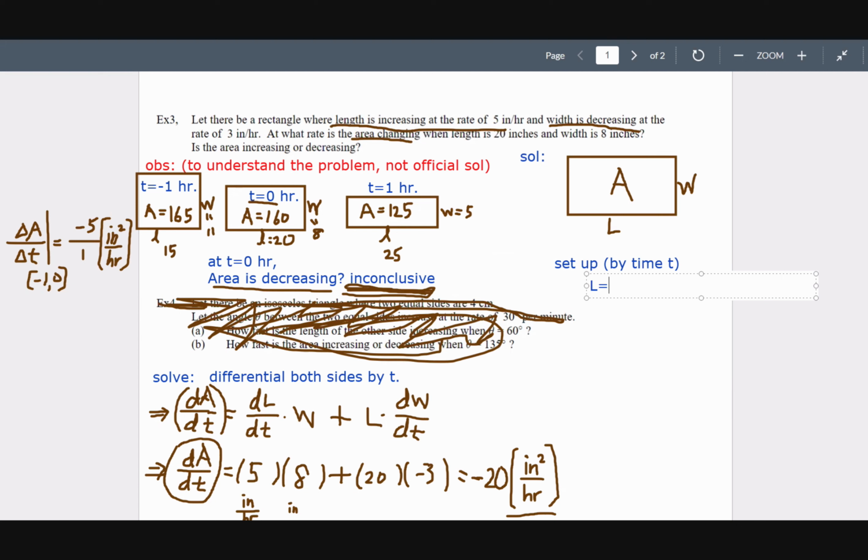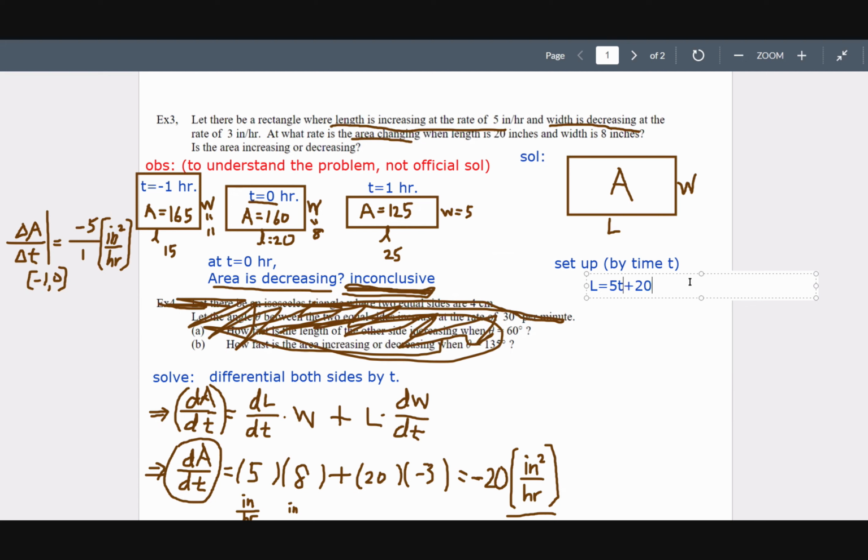Looks like L is equal to 5t plus 20. So when t equals 0, L is equal to 20. When t equals 1, L equals 25. When t equals negative 1, it is 15. So there you go, good.